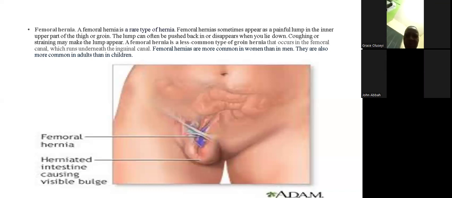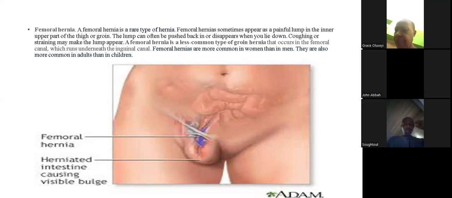So these two types of hernia that I have mentioned, they are groin hernias, but the medical personnel can differentiate between the two. Now, this particular type of hernia too, we've seen it with children. So it is not just an adult thing.